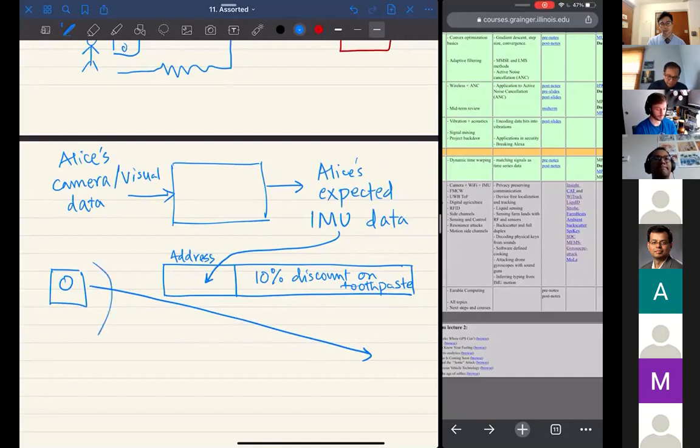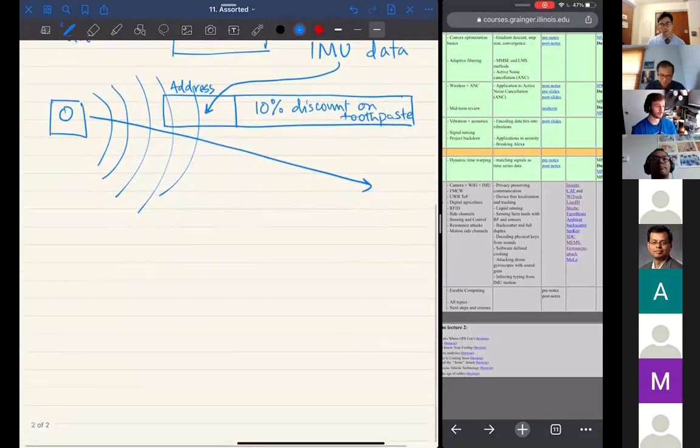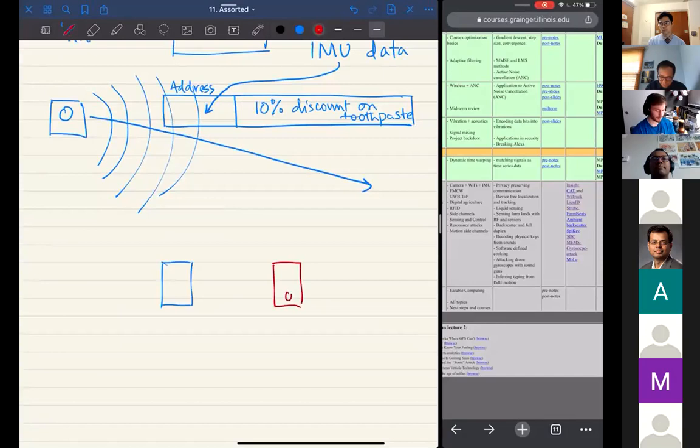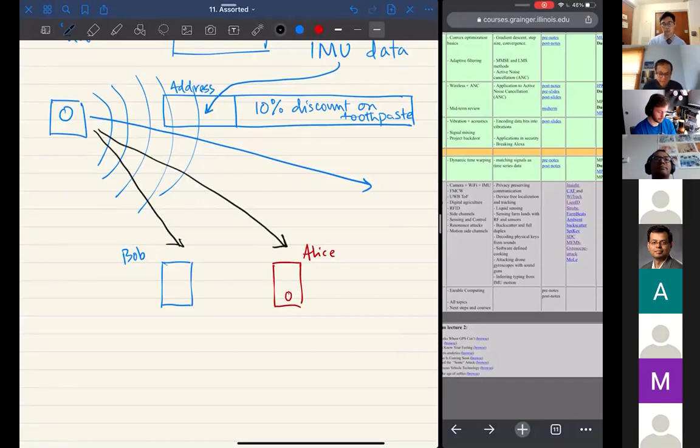So now the message is broadcast over Wi-Fi. So that signal comes to everyone's phone. Okay. So this is Alice's phone, and this is Bob's phone. This message comes to all these phones, right? And the message has this address, which is some IMU data that has been computed from the camera.